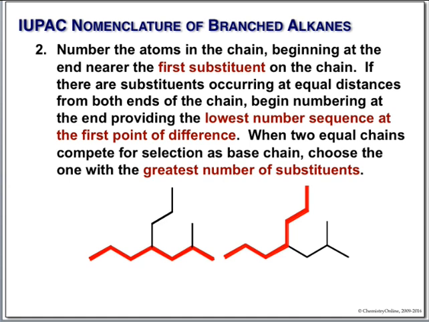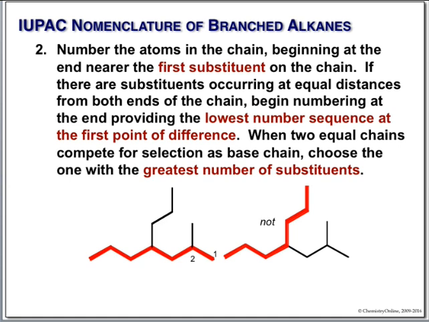The other rule is numbering. You're going to number this thing so you wind up with the lowest number sequence. The sequence isn't an average or anything like that. It's a sequence. And we'll see examples of that as we go.